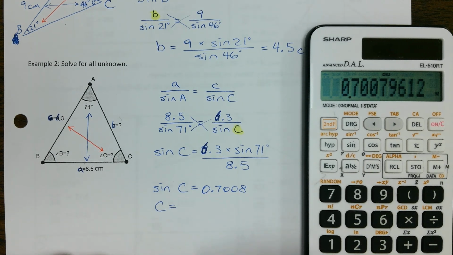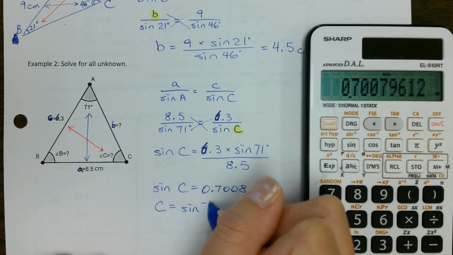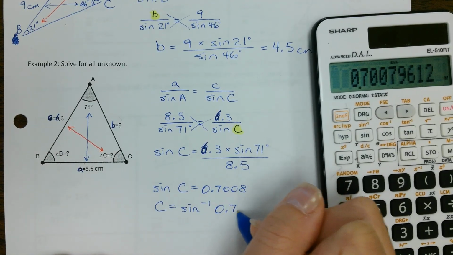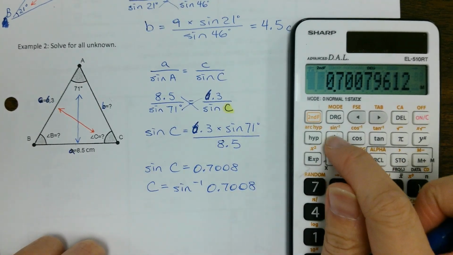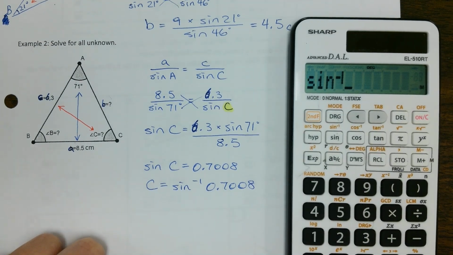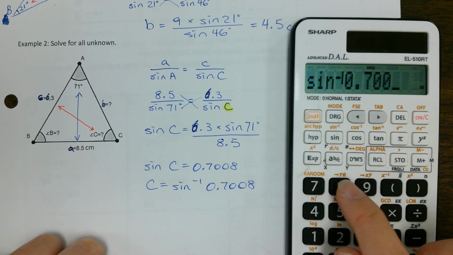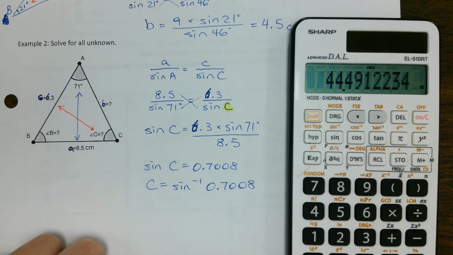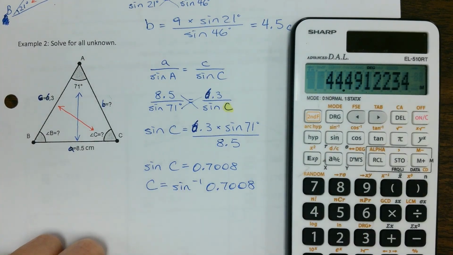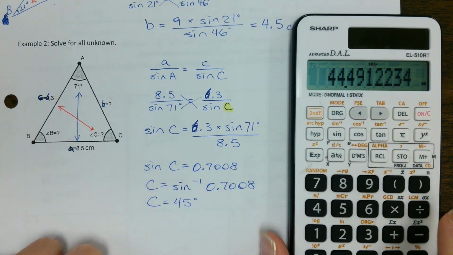Yep, sine to the negative 1, or the formal name, inverse. Yes, inverse. So second sine, you get the inverse of 0.7008. And you get this when you round it. I just chose really bad numbers. Okay. You round it to 45 degrees. That's fine. So C equals 45 degrees.